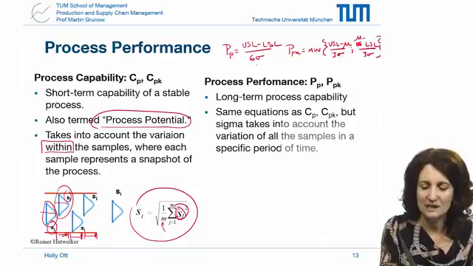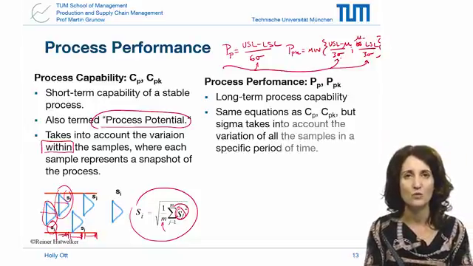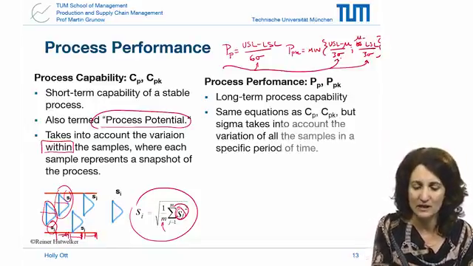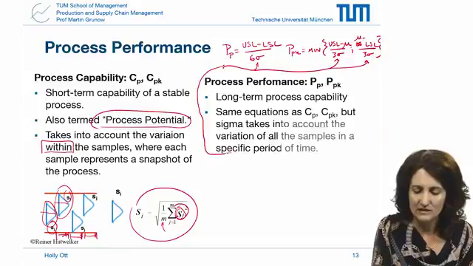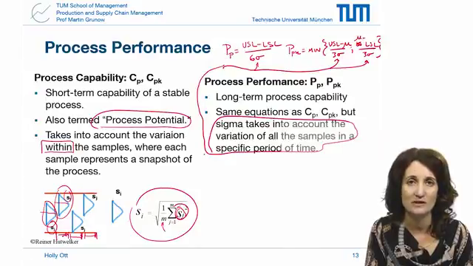But the sigma values that we're using here, instead of being based on one sample or the average of many samples, this sigma value should take into account the variation of all the samples over a specific period of time.